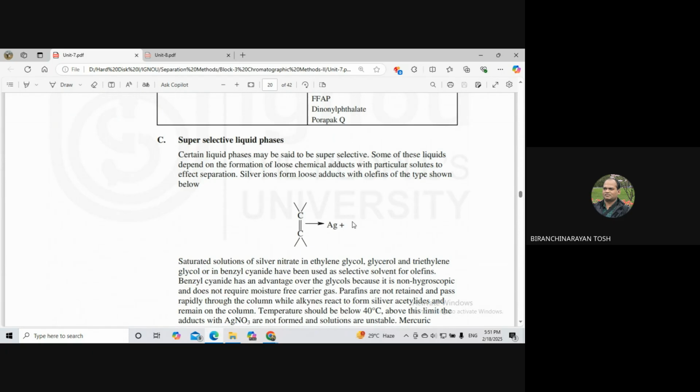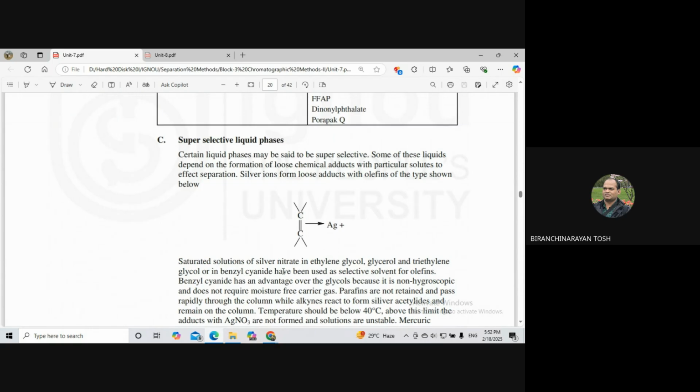The super selective liquid phases. Super selective, why? Some of these liquids depend on the formation of a loose chemical adduct with particular solutes to effect separation. For example, silver forms loose adducts with olefins of the type shown in the figure with Ag plus.